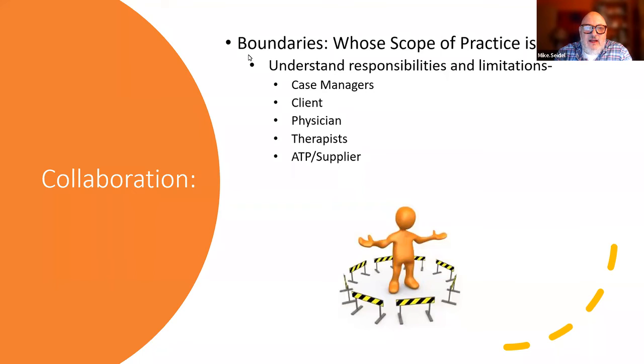And we start with what type of product, our assistive technology intervention, do we think this client's going to need? Is it going to be a power chair with multi-power seating options? Is it going to be an ultra lightweight chair?